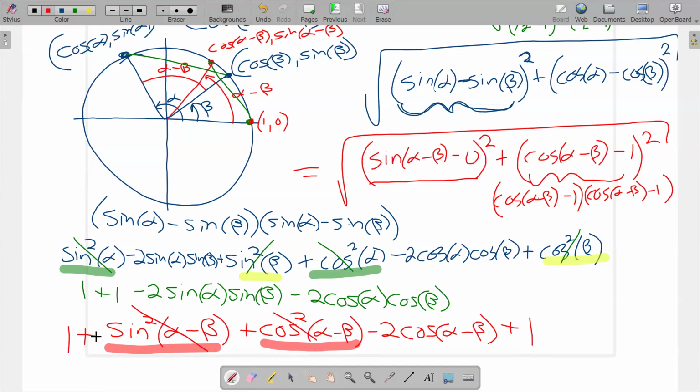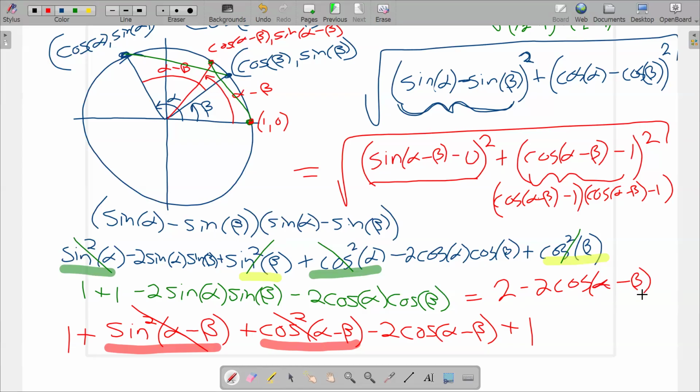There's another 1 over there. Okay. So what's left? Well, the green and the red are actually equal. So I'm just going to write this red next to it. I'm going to get a 1 plus 1, which is a 2. And the only other thing left is the minus 2 cosine of alpha minus beta.